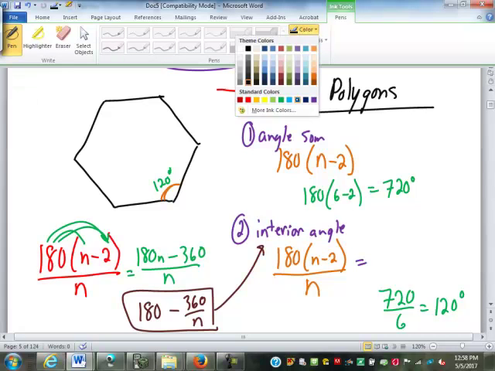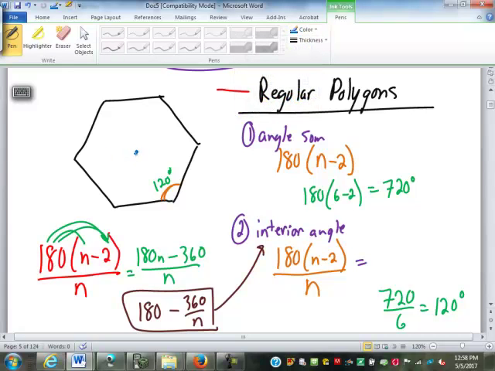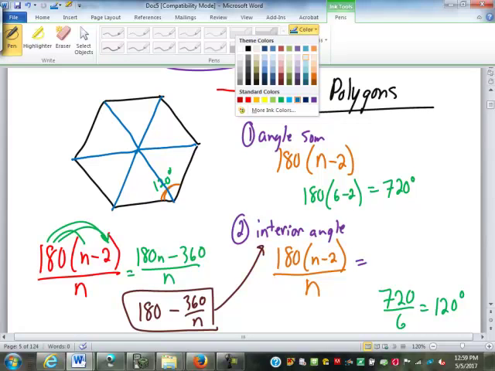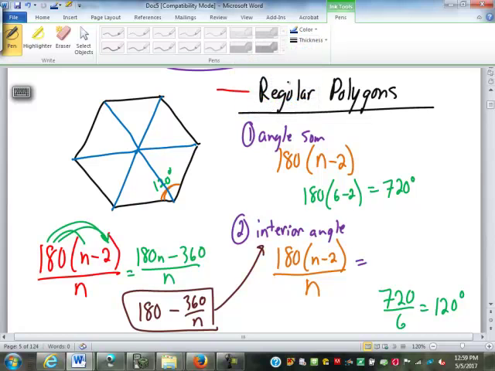I'm going to find this by cutting it into triangles. Since this is a regular polygon, I can go from the center of the polygon and cut it into triangles. And all those triangles are the same size, right? Okay.